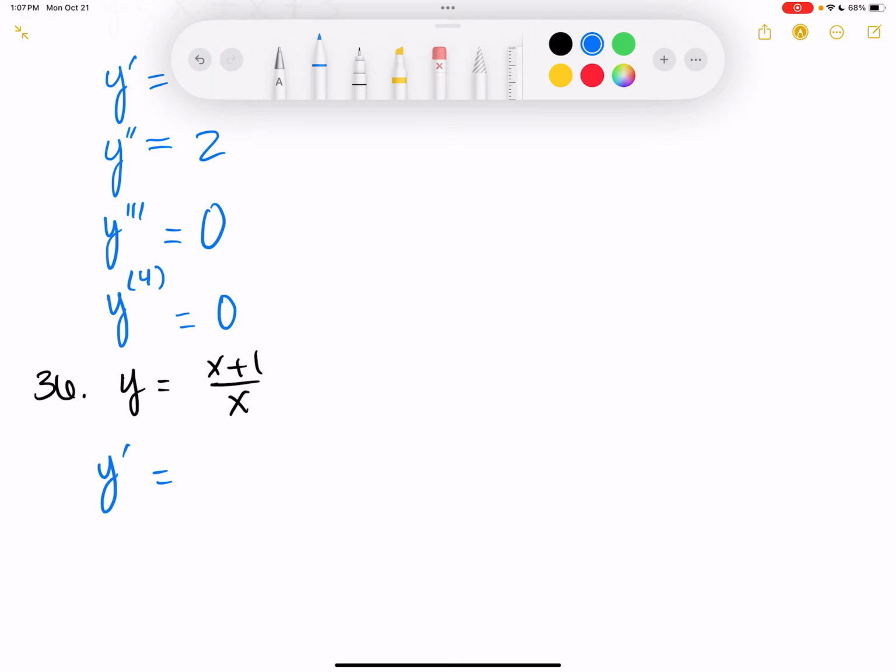Would it be 1 times x, minus x plus 1 times 1 over x squared? So this would end up giving me x minus x, which is just gone, and then minus 1. So negative 1 over x squared.